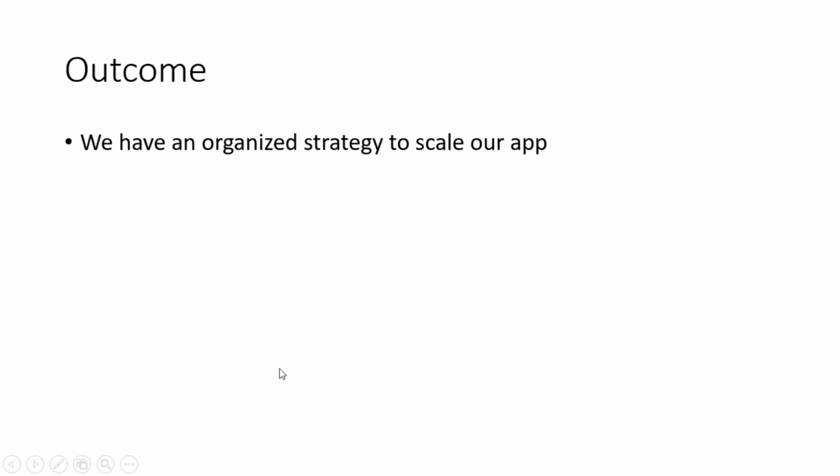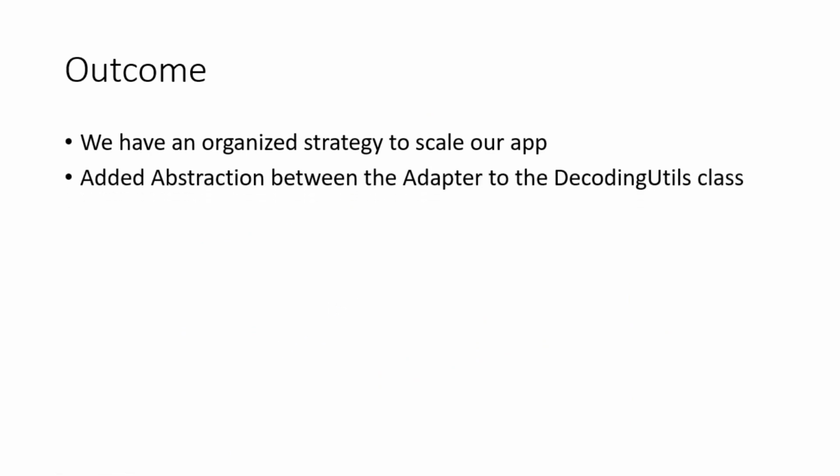So that's the organized strategy. We have also added abstraction between the adapter and the decoding utility class. So now the decoding utility class will not be changed unless there's some major requirement. We have organized the app so we can change the decoder classes, but not the decoding utility class.